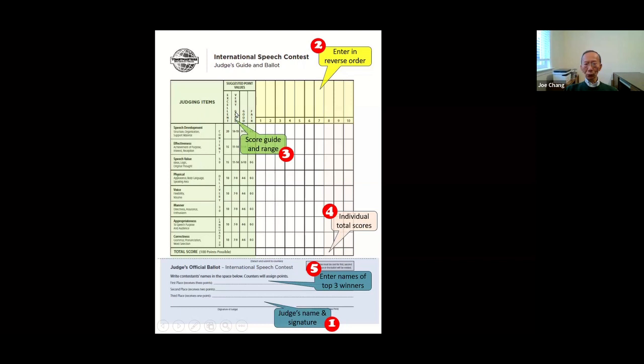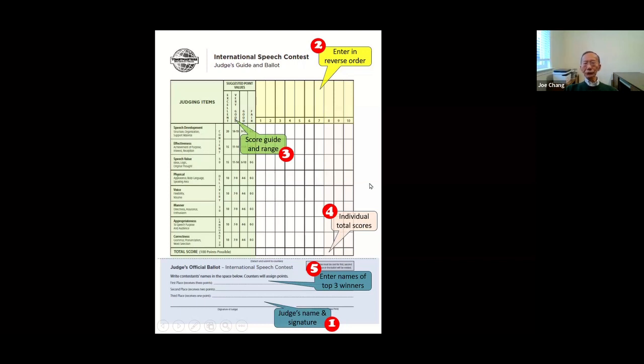What is the maximum score you can put, or the minimum that you can put for each category of the speech that you see. Sorry, not the level, it's more or less the performance of the speaker. And they are broken down by many different categories in here. And I will go through this with you in detail later on.